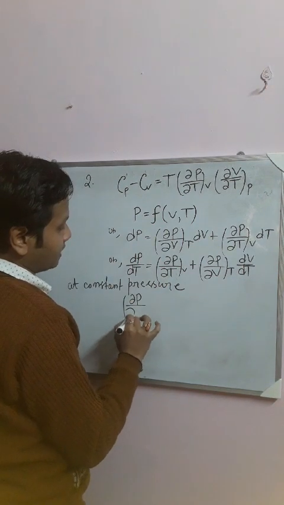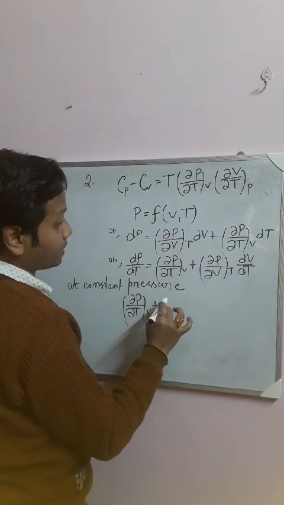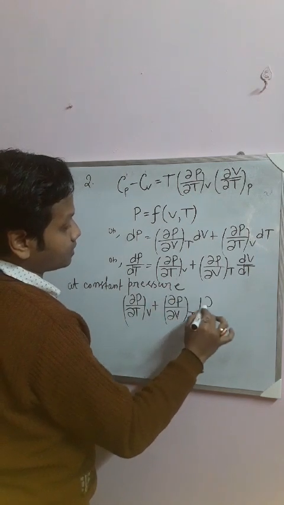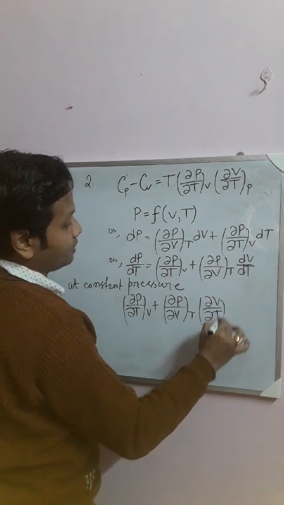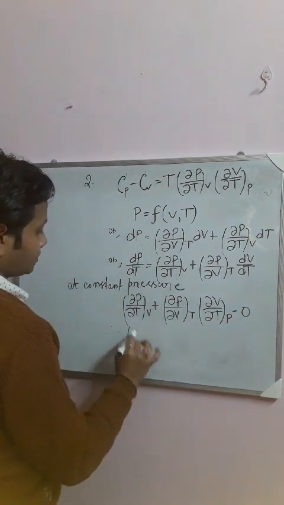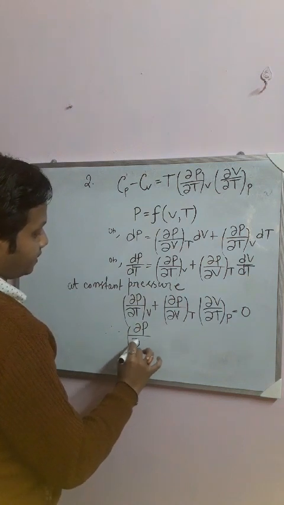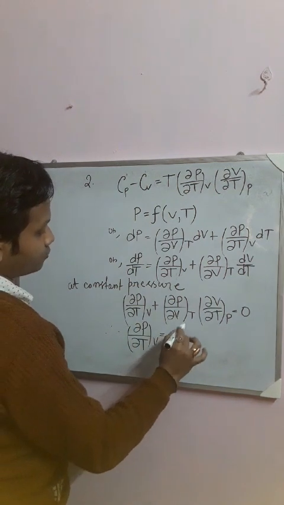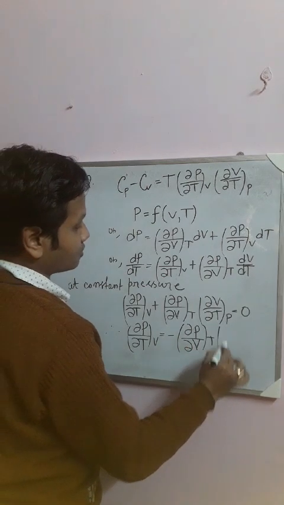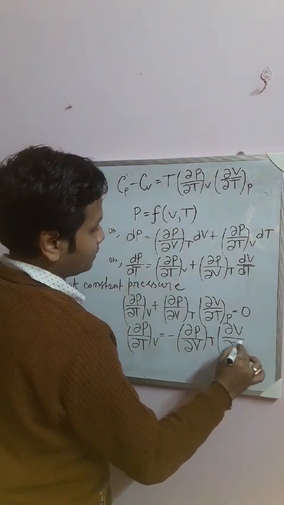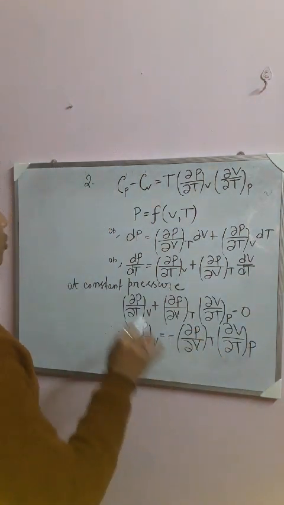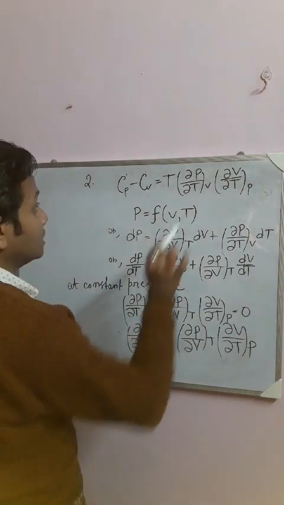So we can write del P del T at constant volume plus del P del V at constant temperature into del V del T at constant pressure equals 0. From this we can easily get del P del T at constant volume equals minus del P del V at constant temperature into del V del T at constant pressure. Fine. Now we have to substitute this value in this relation.